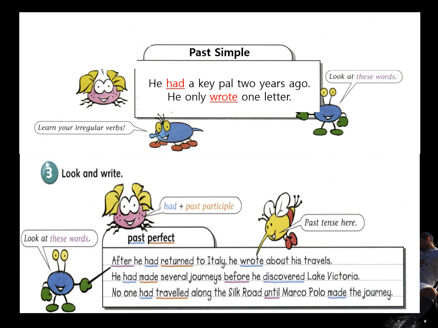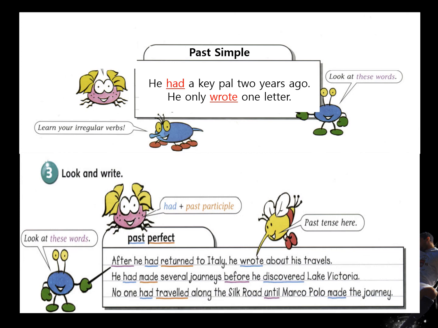Same thing in the next sentence. He had made several journeys before he discovered Lake Victoria. Had made is the past perfect tense of the verb since it uses the auxiliary verb had followed by the past participle form of the verb made. Also, in another part of the sentence, it uses the past tense discovered.